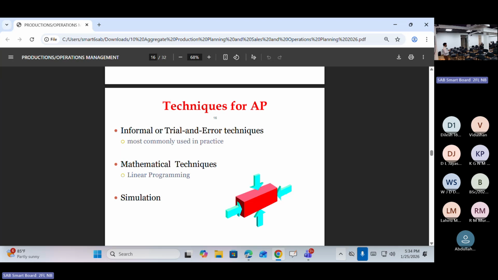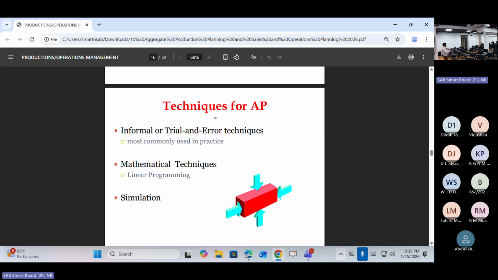Have you solved such equations, like linear programming? They set the constraints and try to maximize the profitability or minimize the cost by solving the equations. So it's a mathematical approach.